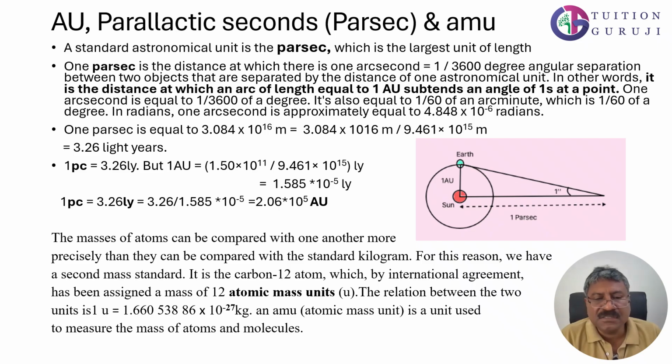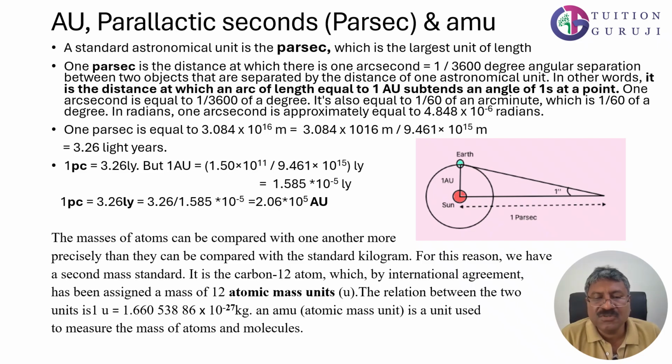When we convert it into astronomical unit, 1 parsec is equal to 2.06 into 10 raised to 5 astronomical units. The masses of atoms can be compared with one another more precisely than they can be compared with a standard kilogram. So for this reason, we have a second mass standard, which is the carbon-12 atom, which by international agreement has been assigned the mass of 12 atomic mass units.